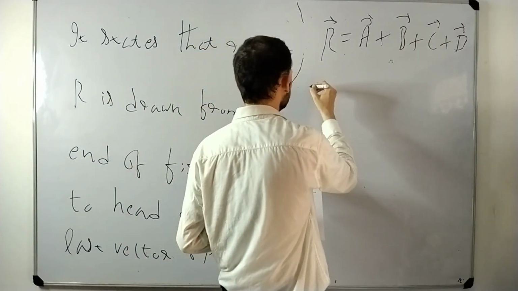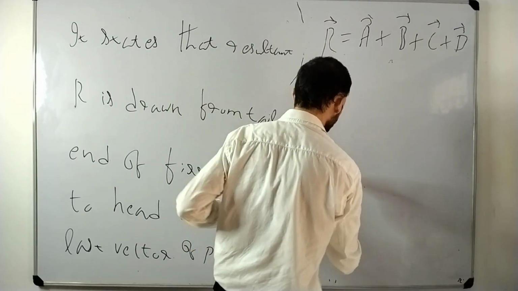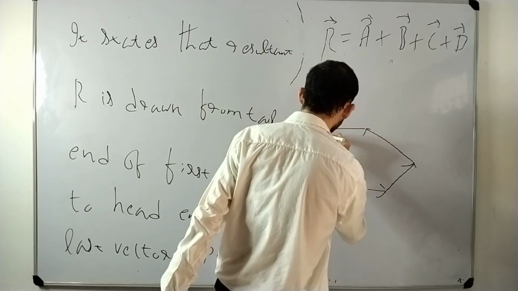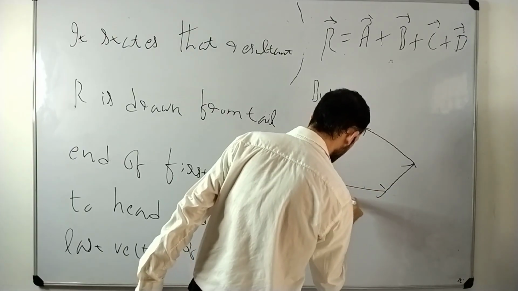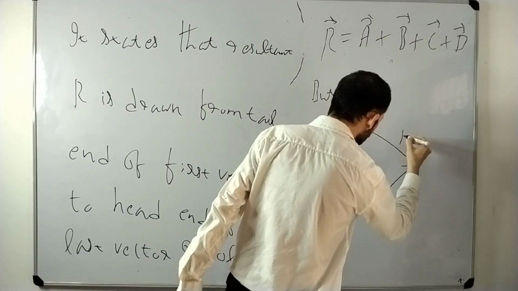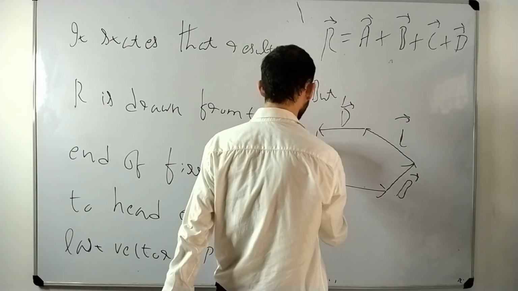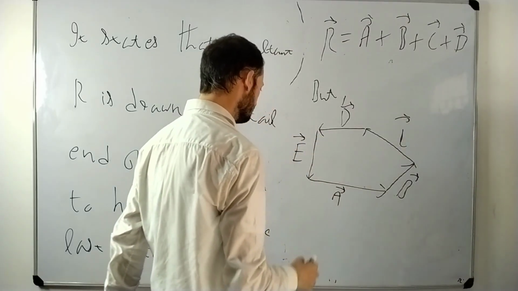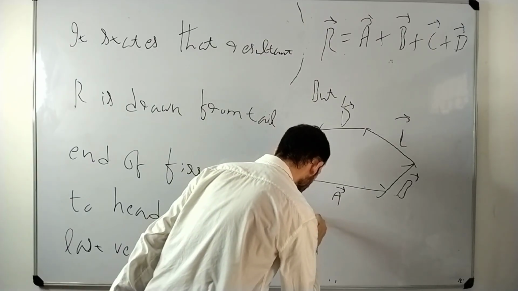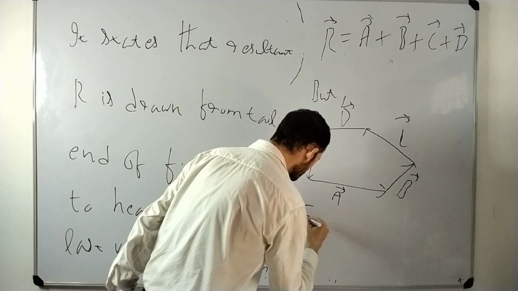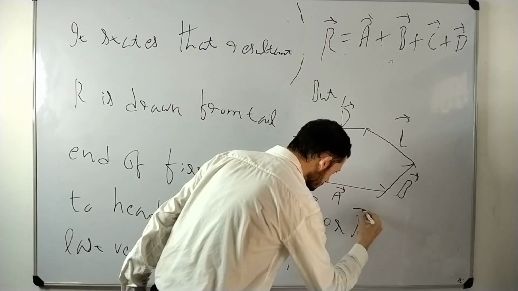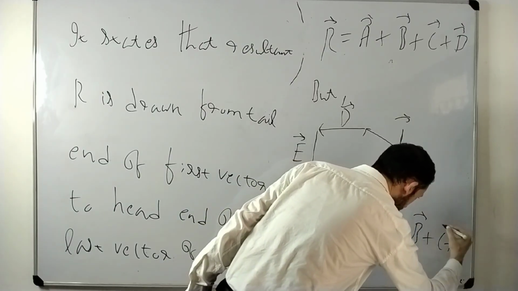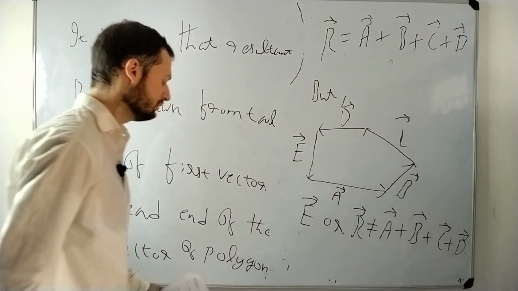But also note, if the same polygon is in this way, A vector, B vector, this is C vector, this is D vector, and this cannot be R, this is E vector, then of course E, or R, cannot be equal to A plus B plus C plus D. Okay, students, so this is the polygon law of vectors.